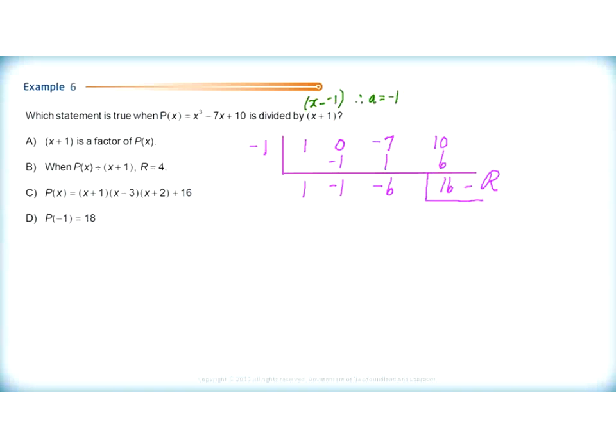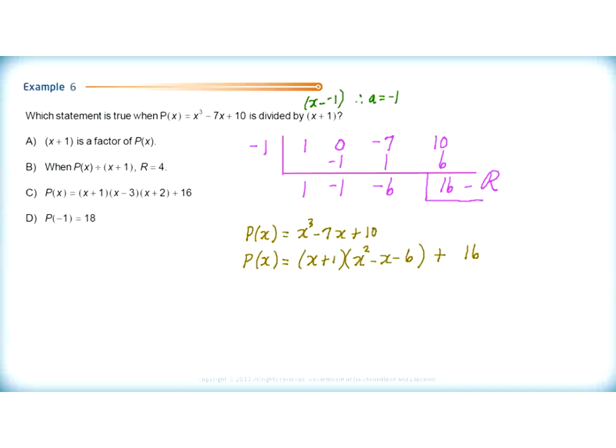In this case, you now have the polynomial p of x is equal to x cubed minus 7x plus 10. That can be written as p of x is equal to x plus 1, which is your divisor, multiplied by your quotient, and you add your remainder.